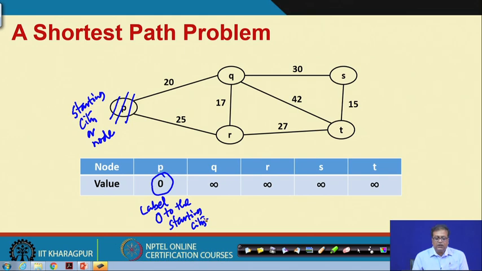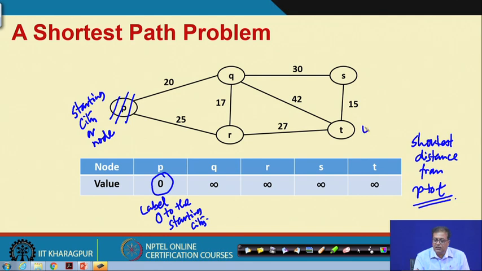What we really want to find out is the shortest distance from P to T. This is the starting city and this is the ending city.